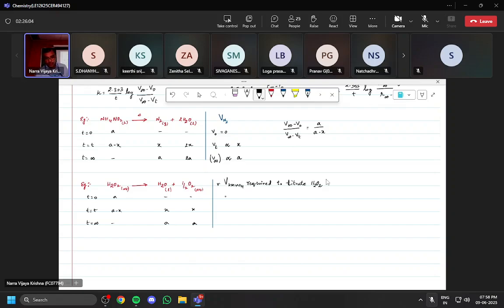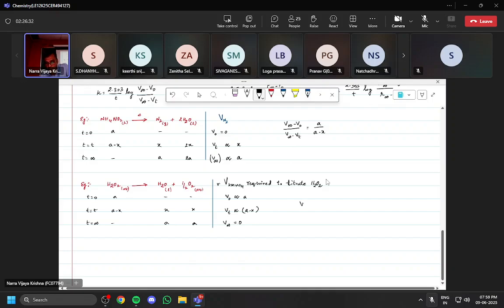Now, initial volume required is V naught. Now tell me, the volume of KMnO4 required is proportional to the amount of H2O2. If more amount of H2O2 is there, I require more volume of KMnO4, na? So V naught is proportional to A. Vt is proportional to A minus X. Correct, sir? V infinite is 0.